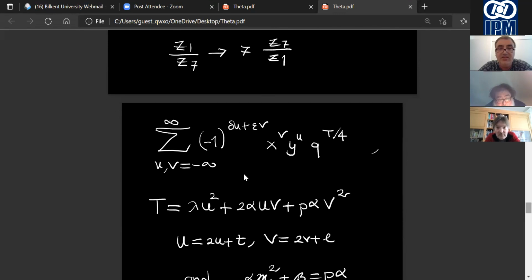So the initial case of this formula was due to L.J. Rogers. Then David Bressoud, in his PhD thesis, worked with a slight generalization of this and used it to prove some identities due to Ramanujan. I gave another generalization and used it again to prove some identities of Ramanujan as well.